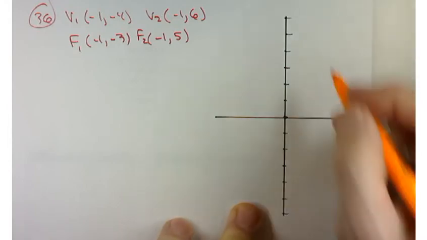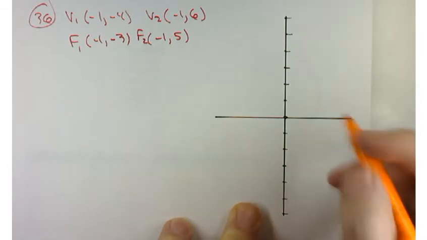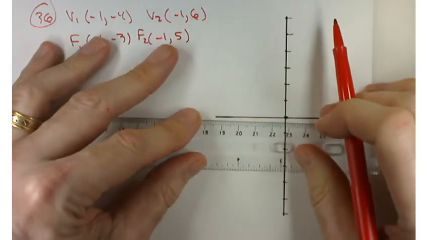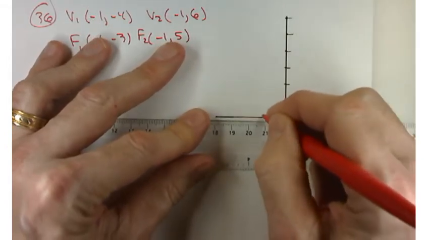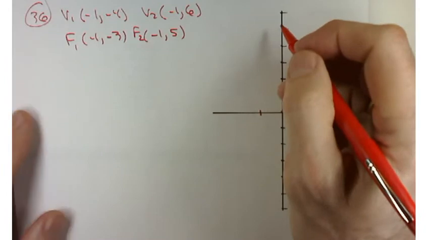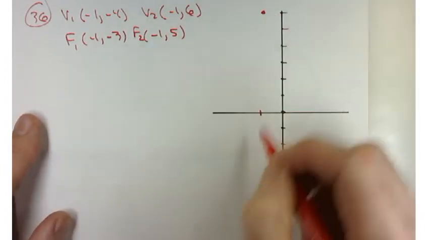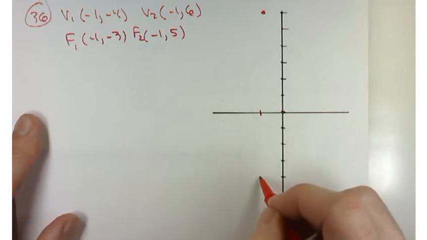So let's label a few points. We've got vertices and foci. I'll just put a point over here. I've got a vertex at (-1, 6), which is all the way up here, and at (-1, -4), which is down here.